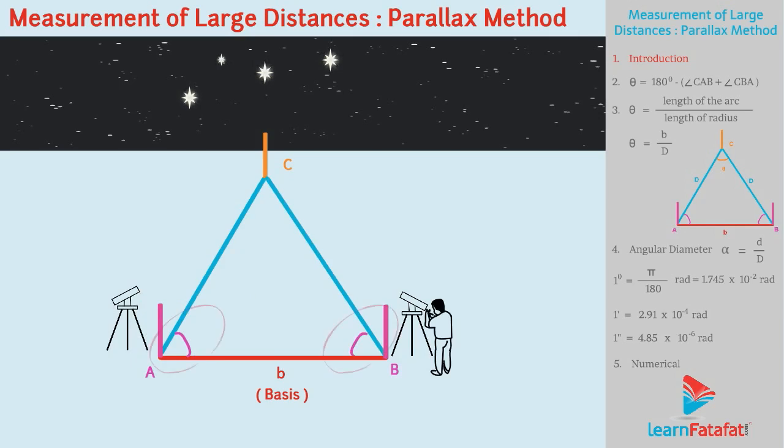Now, Pankaj has two angles of the triangle. He can find the third angle theta as theta equals 180 degrees minus the summation of angle CAB and angle CBA.